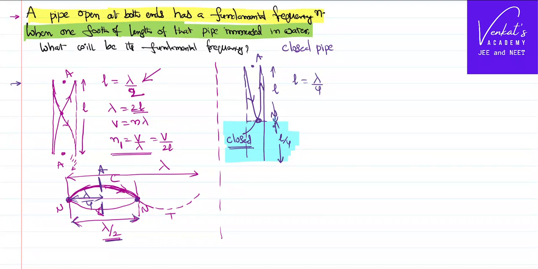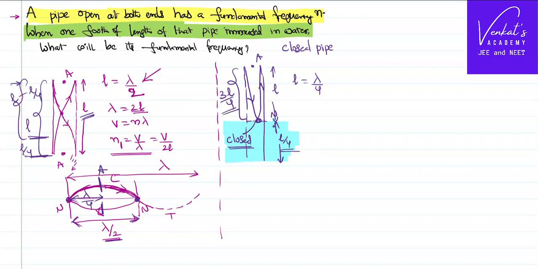But how much is this length when compared with the length of the previous case? 1/4 is submerged. So here L is 3L by 4. Why? Out of the total length L, some part of it, L by 4, is immersed in water. So what is the remaining length? Total length minus immersed length, L minus L by 4.